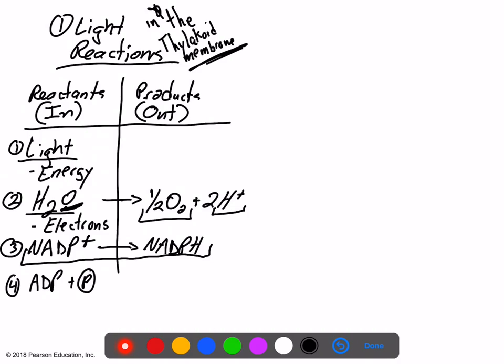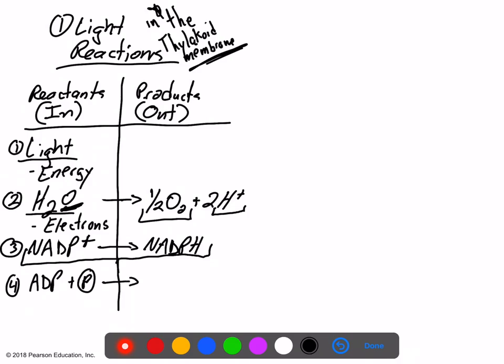So my practice question to you would be, which of these two, NADP plus or NADPH, has a greater amount of energy? Your answer should be NADPH, and that's because it has a hydrogen that NADP plus does not have. In order to have that hydrogen, you need to be stuck to it. That means you need a bond. So NADPH has one bond that NADP plus does not have. And for that reason, NADPH has more energy than NADP plus.